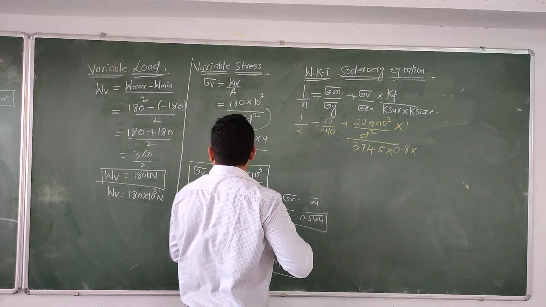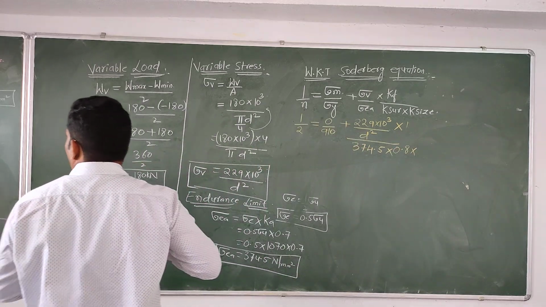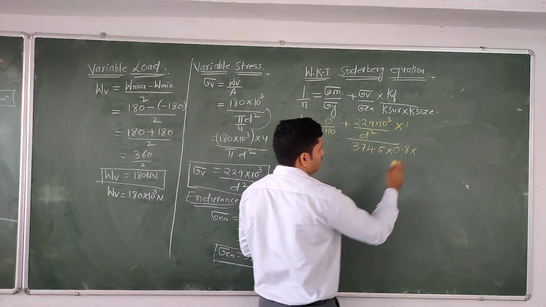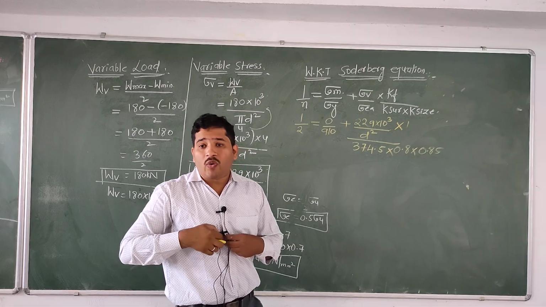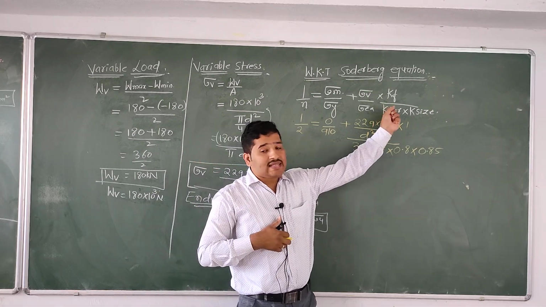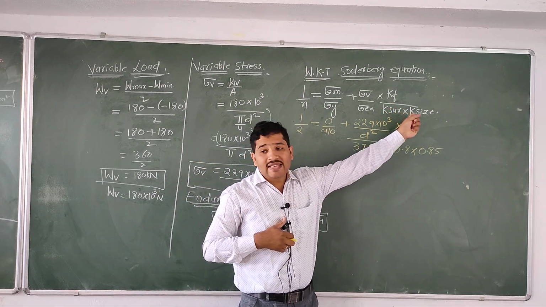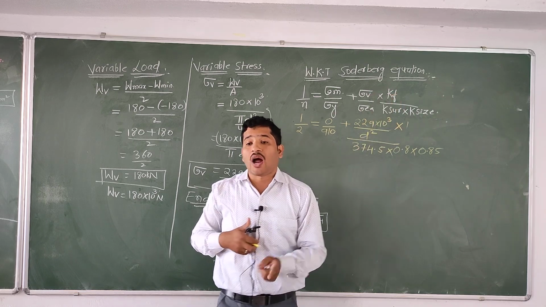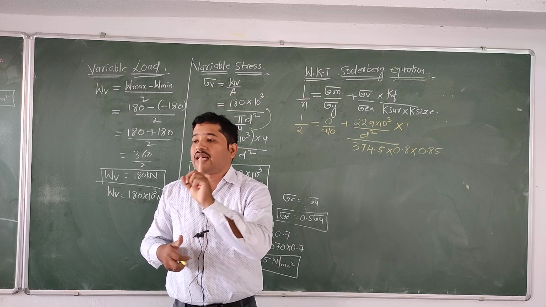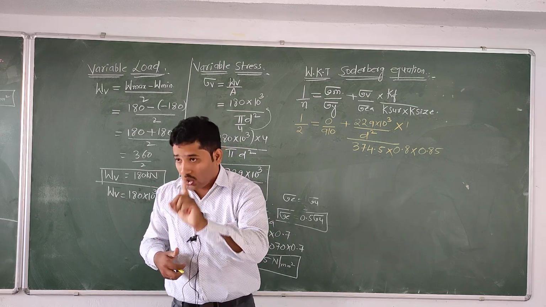K size factor, how much did we get here? 0.85. Always remember one point: if the K surface finishing factor, K size factor and stress concentration factor are not given, then you need to consider the value as 1.